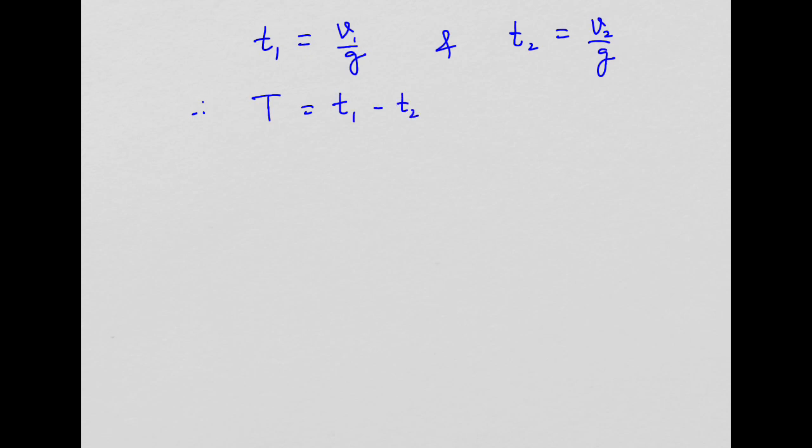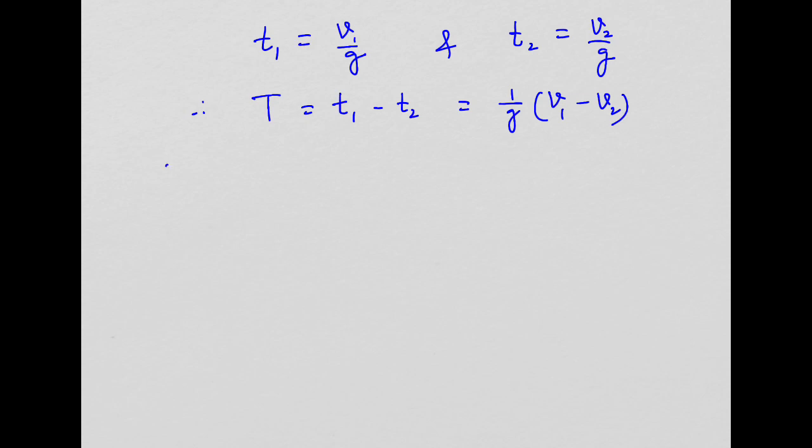So the time taken by the first fragment is v1 by g, and the time taken by the second fragment is v2 by g. So the difference in time, again as v1 is greater than v2, t1 minus t2, or we can say this is 1 by g times (v1 minus v2).